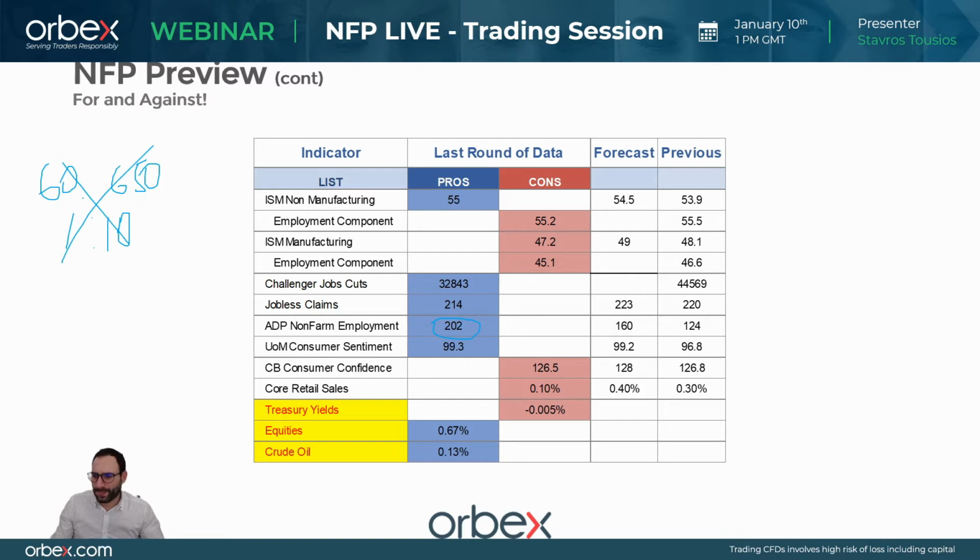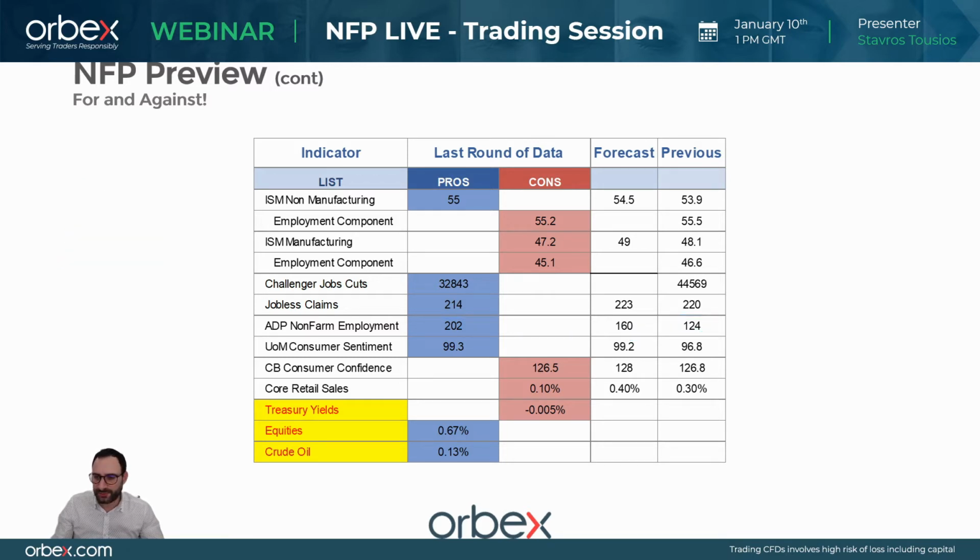So we had 160 forecasted, and 40,000 over that projection is not bad. I mean, over 50 would be much better, but still 40 is quite good. Now, if we take into consideration that the previous number was 125, we're talking about nearly an 80,000 increase on a month-to-month basis, irrespective of the expectations.